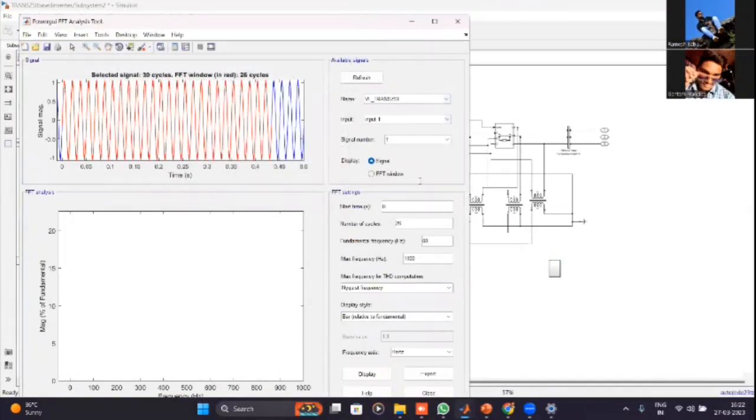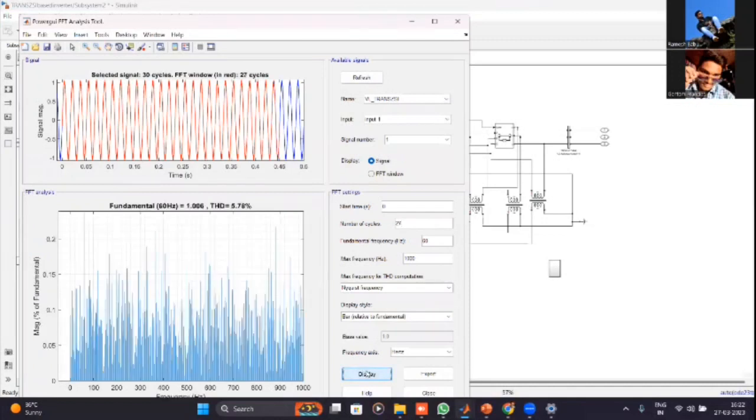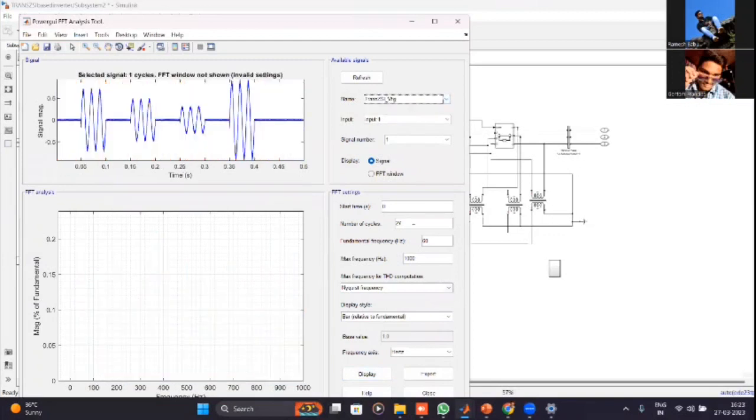This is the entire load signal value, where we have 5.78% THD as a load. Now we are going to see the time period during 0.05 to 0.1.